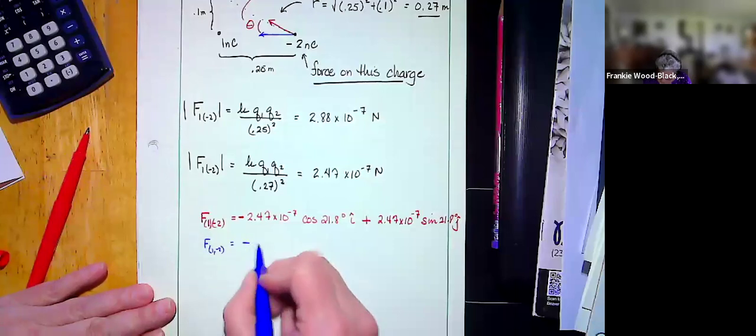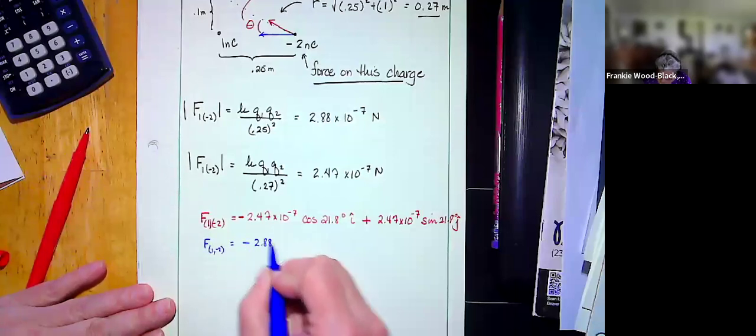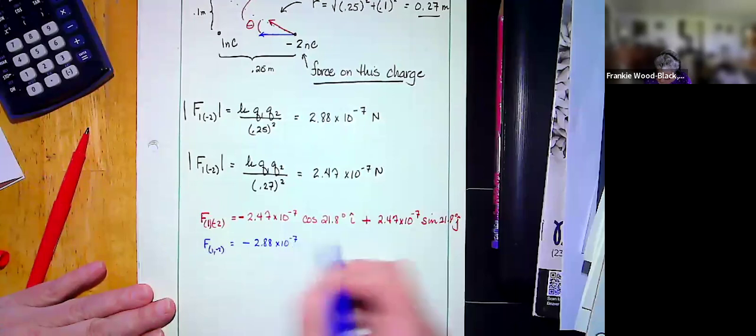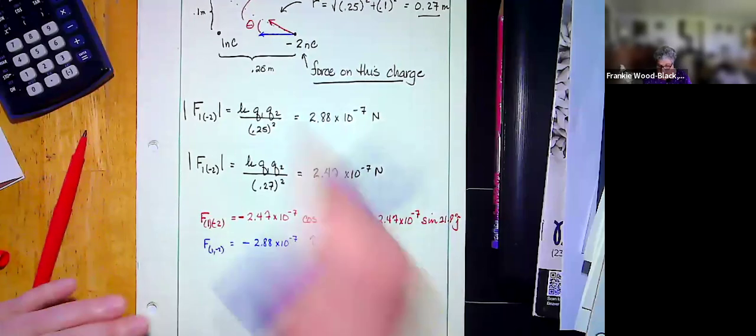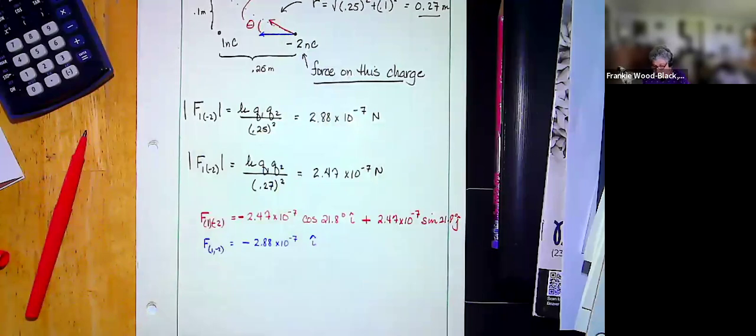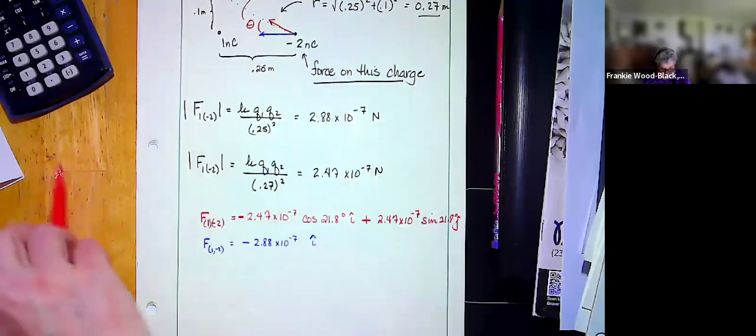My blue vector, when I put it in, is going to be a minus 2.88 times 10 to the -7 in the i direction. There is no y direction there. So now I can just add my vectors.